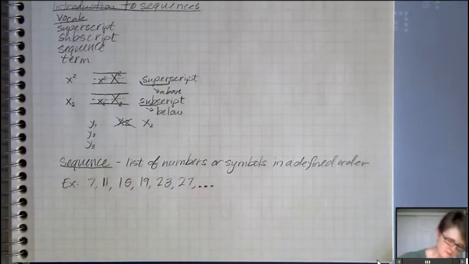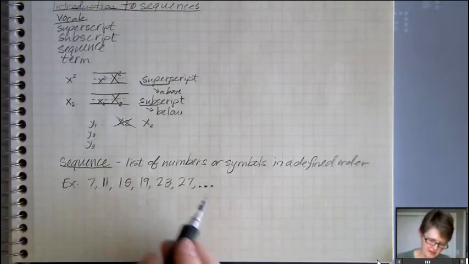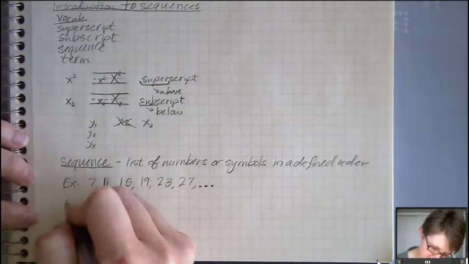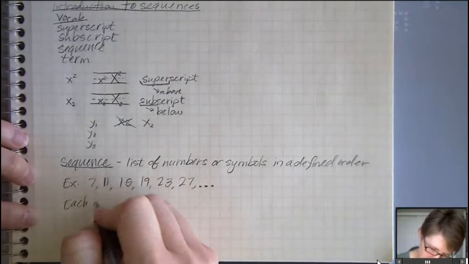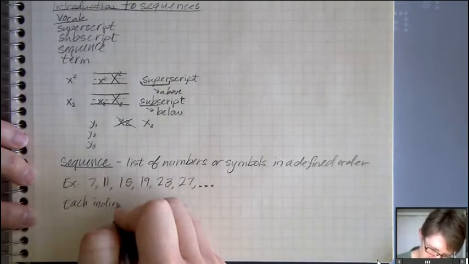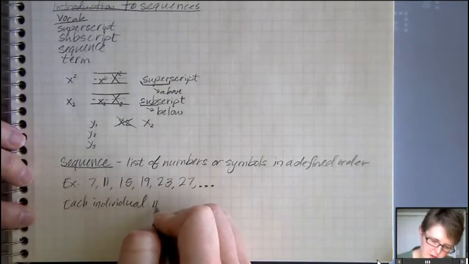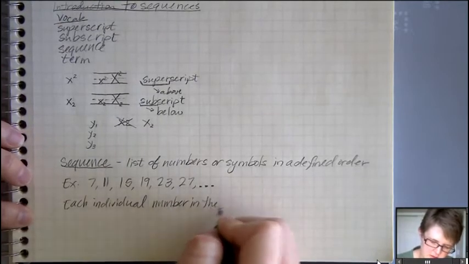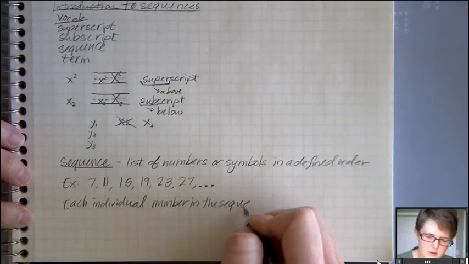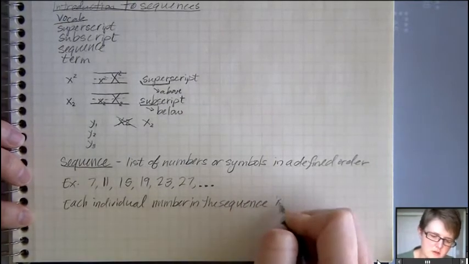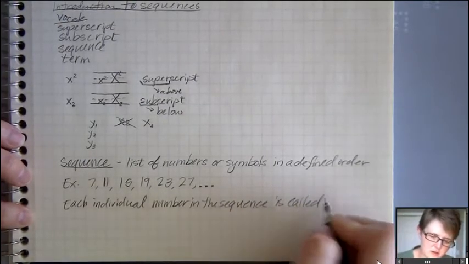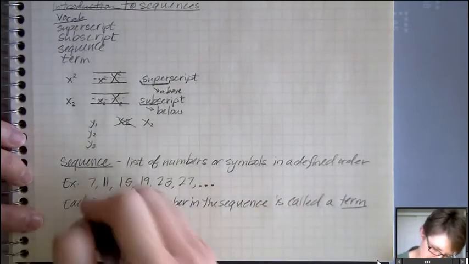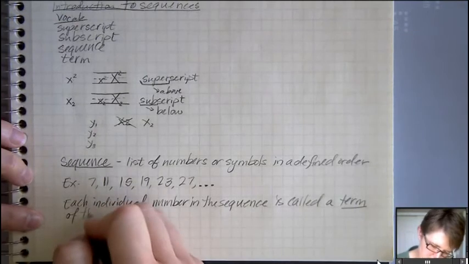So when we talk about a sequence, each individual number in this sequence is called a term of the sequence.